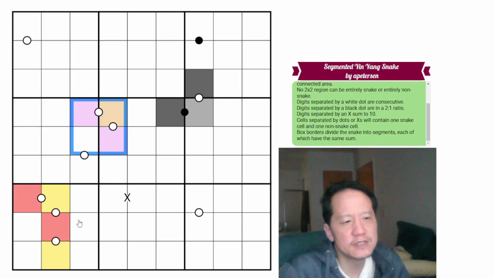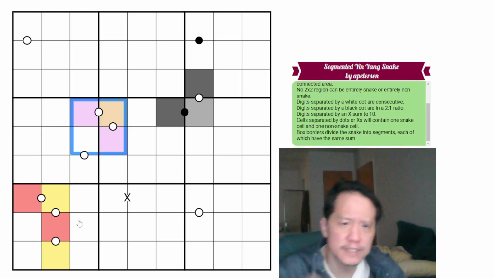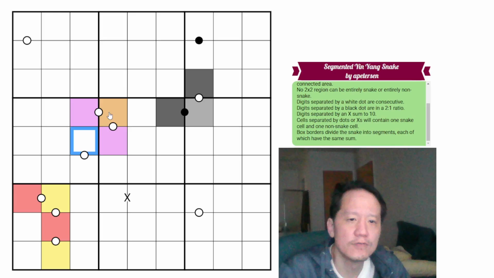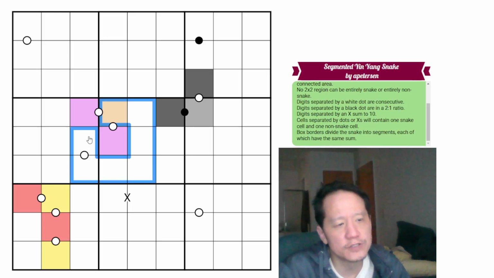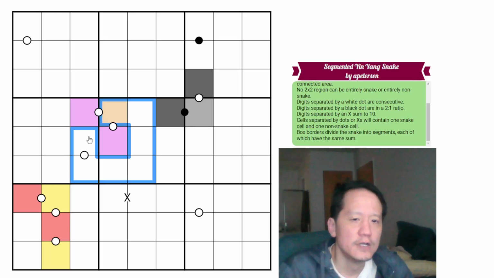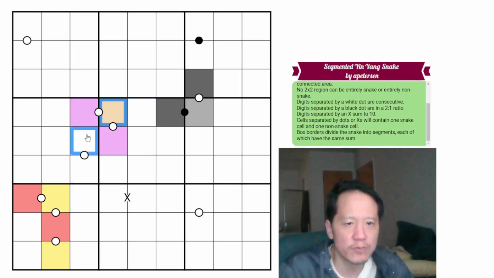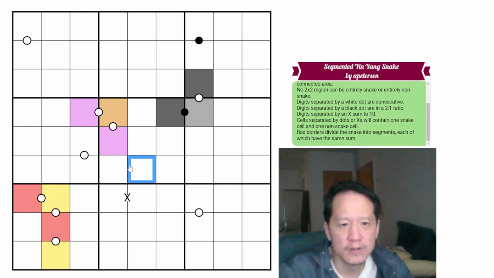Well, this isn't complete yin-yang, though. I was going to say that you can't have... No, actually, that's true. Right, okay, so this is similar to normal yin-yang puzzles. I was going to say that I didn't know if you could have these two be the same color, but they cannot be.